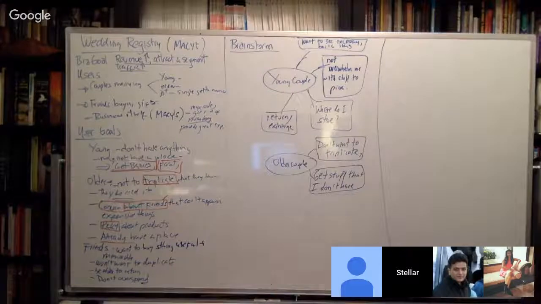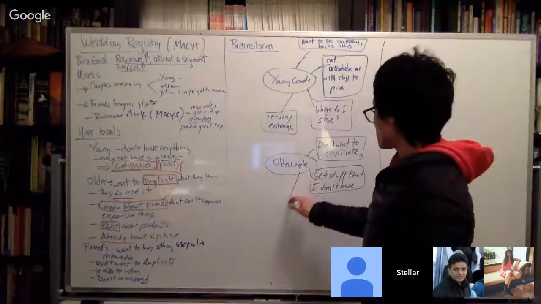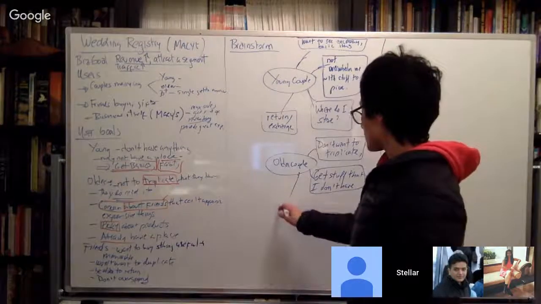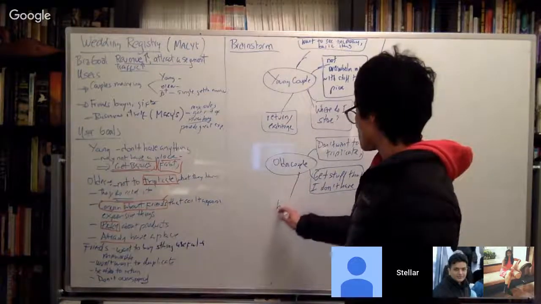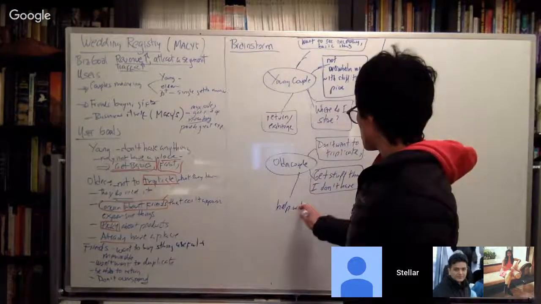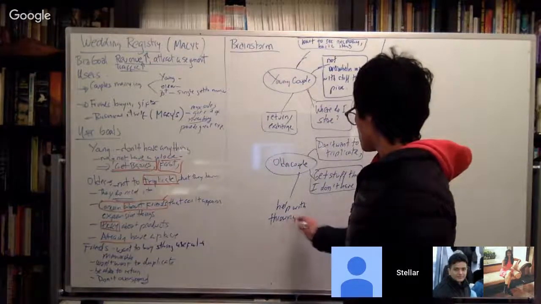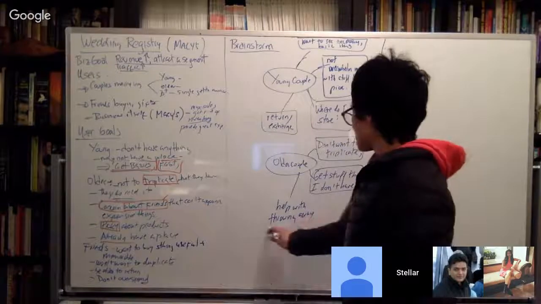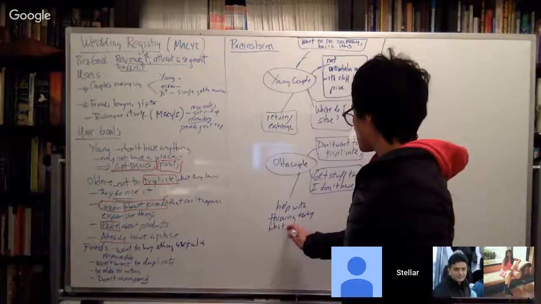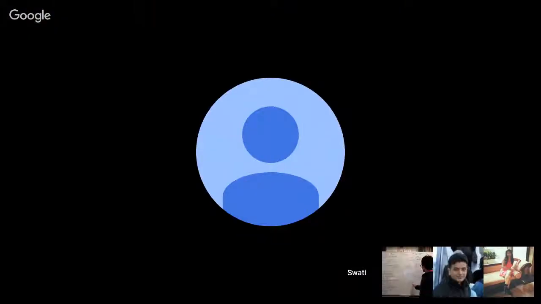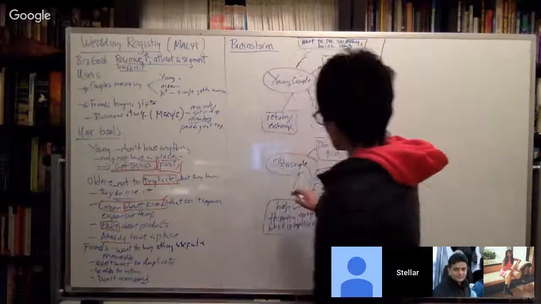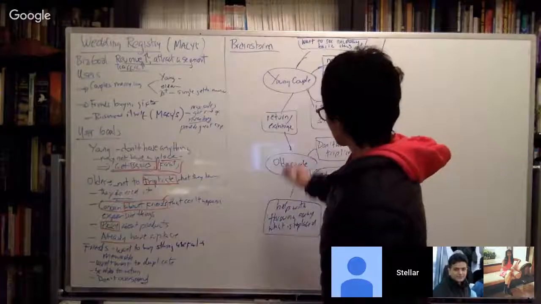Now, other things: if they're replacing things, it's like, okay, how to help with throwing away what is replaced. Similar to the young couple, they should also have this option of returning or exchanging, right? Yes, they do the same.